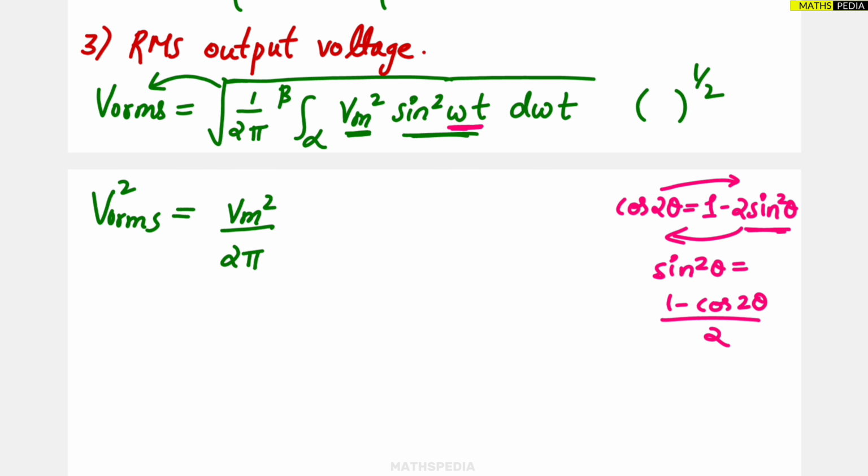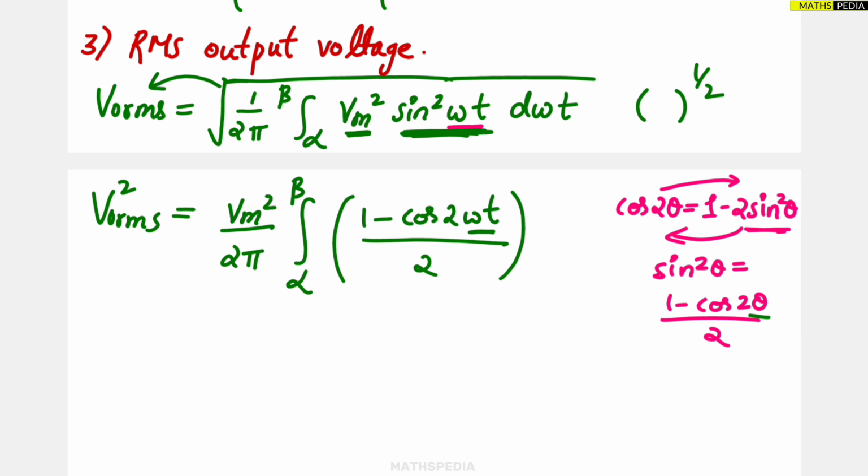In place of theta, I am having omega t. So it will become integration from alpha to beta. I am just simplifying the term, I am not applying the integration yet. So it will become (1 minus cos 2 omega t), in place of theta, omega t, divided by 2, d omega t. So this 2 you can take outside since it is a constant.